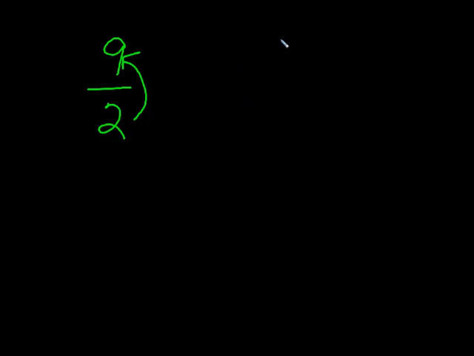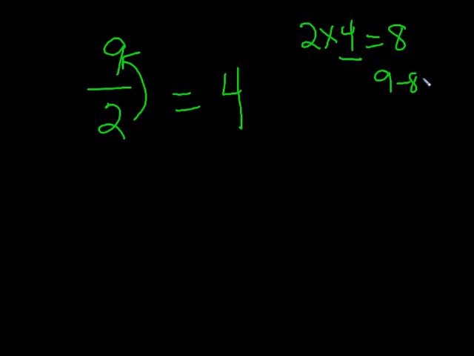Well, I know that 2 times 4 is 8, so I would say that it goes in there 4 whole times. Well, 8 is not 9, so I have to look at that and say 9 minus 8, and I have 1 left over, so I have to report that as a fraction. So there was 1 left over out of the halves that I was looking at.